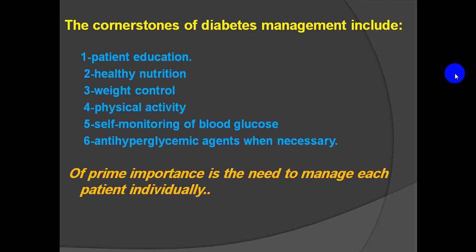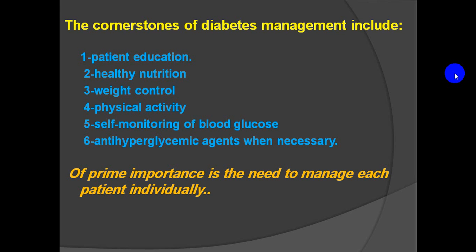Now, what are the cornerstones of management of diabetes? These cornerstones are patient education. This is very important, to educate the patient about his disease. Also, the second cornerstone is healthy nutrition.